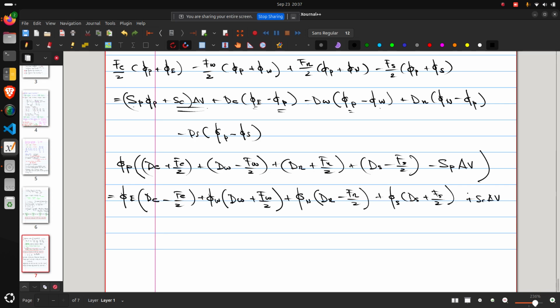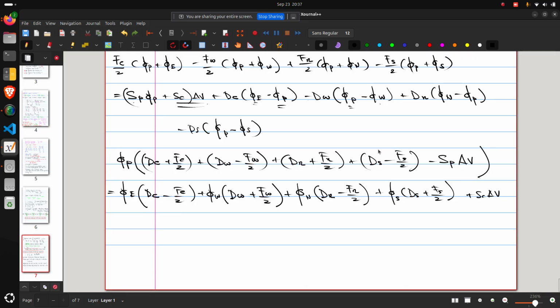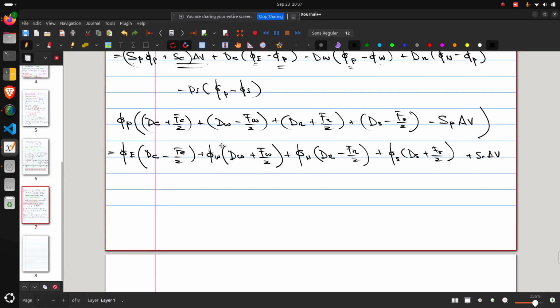So now unlike in the diffusion equation that we saw, if we define these terms as A capital E, A capital W, A capital N, A capital S, the AP is not the summation of the neighboring A minus SP delta V, right?